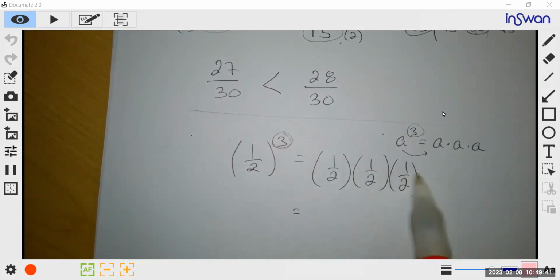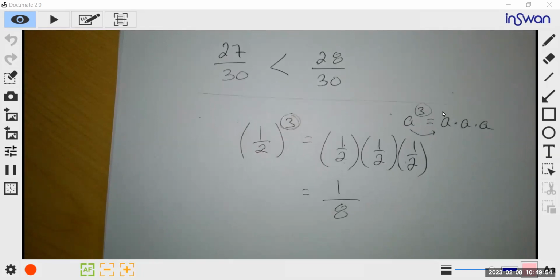So I multiply straight across. 1 times 1 times 1 is 1. 2 times 2 is 4, times 2 is 8. Okay, this is one way you can do it. You can expand it this way and just multiply top, top, bottom, bottom, bottom.